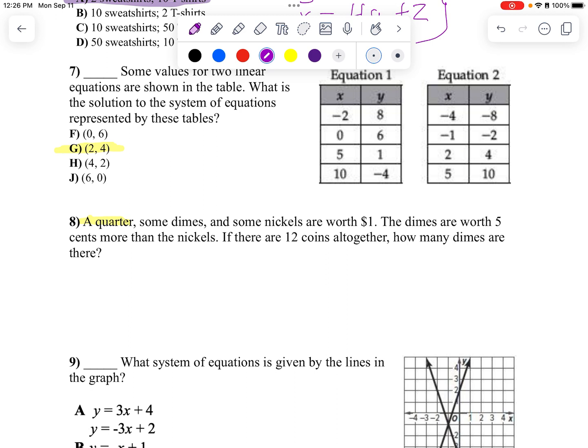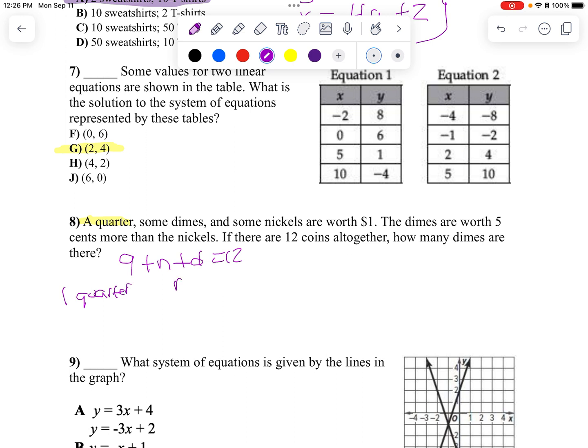So in other words, a quarter, some nickels, and some dimes make 12 coins. But really, I only have 1 quarter, so I know that. So I've got 1 quarter.